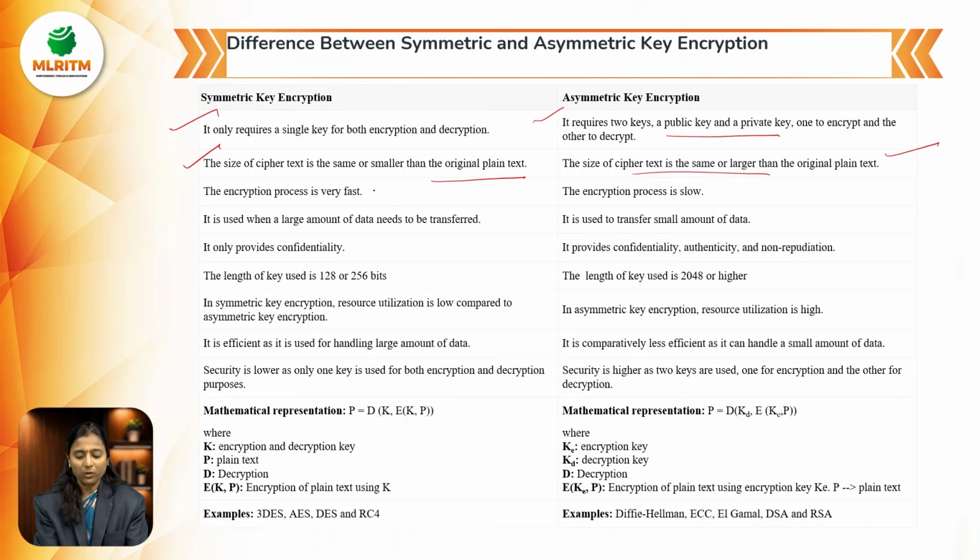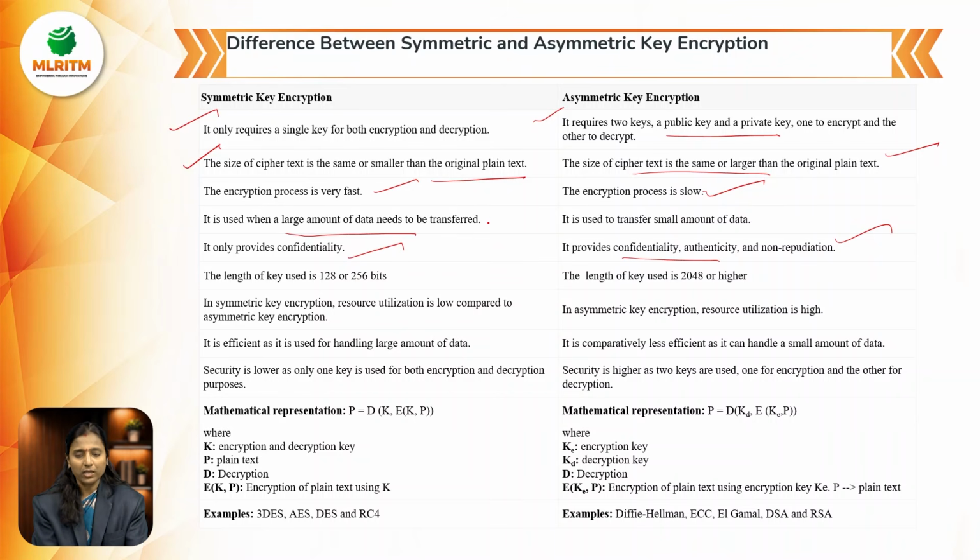The encryption process is very fast in symmetric. The encryption process is slow in asymmetric key encryption. Symmetric is used when a large amount of data needs to be transferred. Asymmetric key is used for confidentiality, authenticity and non-repudiation.